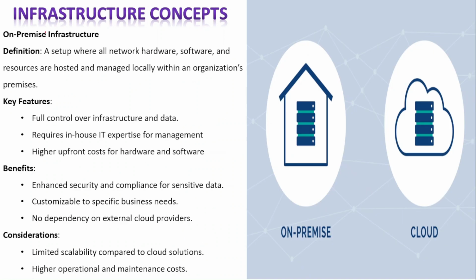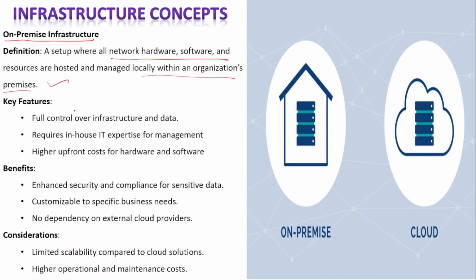In the infrastructure concepts, we studied cloud, and the opposite of the cloud infrastructure is the on-premise infrastructure. This is a setup where all network, hardware, software, and resources are hosted and managed locally within an organization's premises. Traditionally, this was the way.